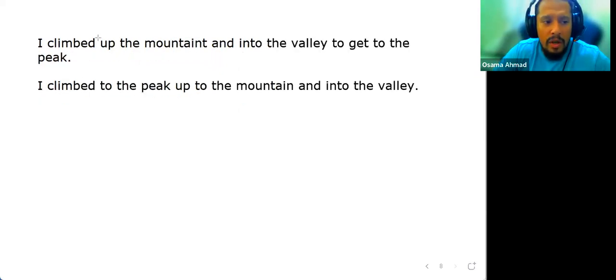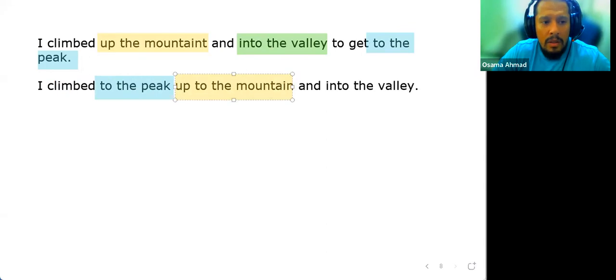Look at the prepositions here. Up the mountain, into the valley, to the peak. Look at the second one. To the peak, up to the mountain, into the valley.